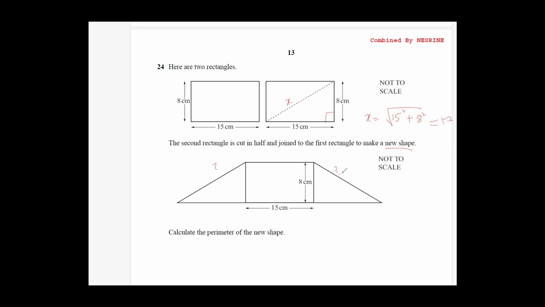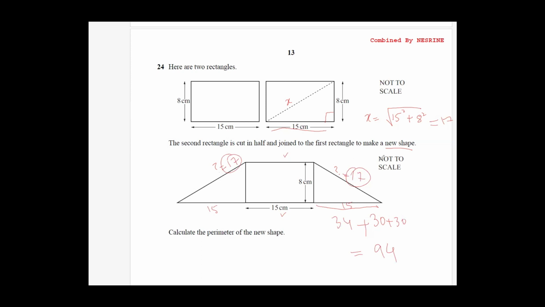So this length is 17. This is also 17. So 17 twos are 34. Plus this is 15. This is also 15. So 15 times 2, 30. And then this portion is also the same as the base, which is 15. This is 15 and this is 15 also. Plus 30 more. So that is going to give us 94.